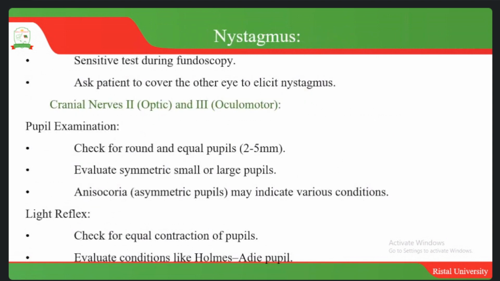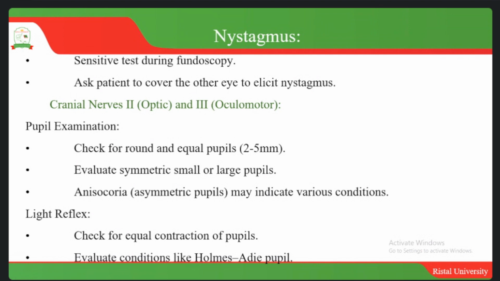Then when you look at nystagmus, many times people look at these patients and think it is just the way someone chooses to hold his eyes, but sometimes it can be due to a defect in the nervous system. A sensitive test during fundoscopy can be done.